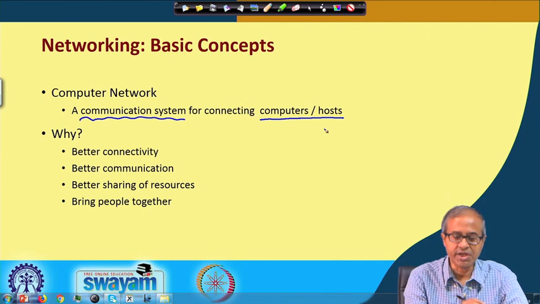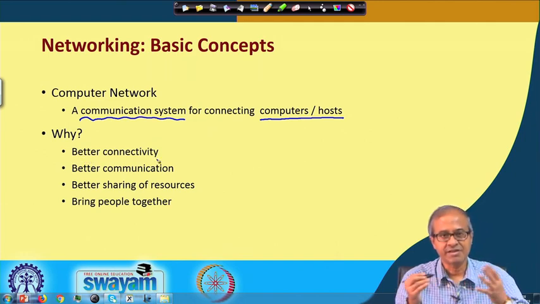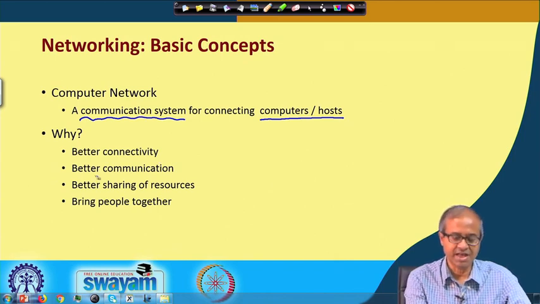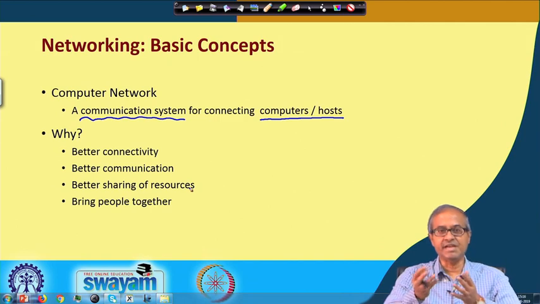Now, the question is, why do we need networking? The reason is very clear. We want to have better connectivity, so that the nodes remain connected with each other. We can have better communication, and obviously sharing of resources.